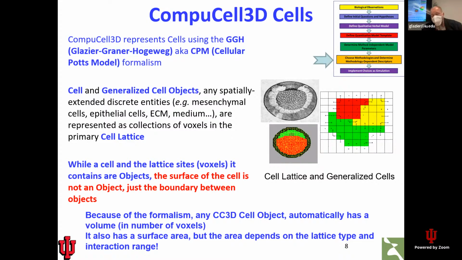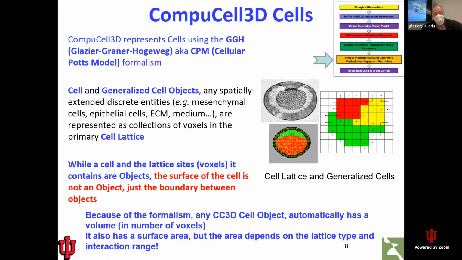By default, there's a 0, which points to what is called medium, which is what happens when there are no defined cells. And medium has somewhat strange properties. In particular, it's lacking certain properties.